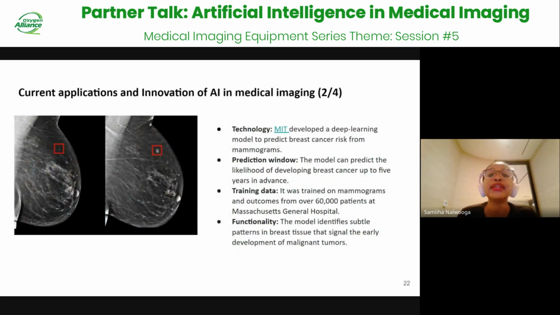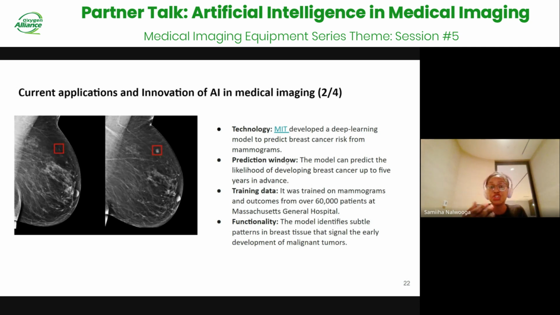So the other one is a technology that has been developed by MIT. It developed a deep learning model to predict breast cancer risk from mammograms. Mammograms, we all know what they are. These are images that have been taken during the mammography procedure.